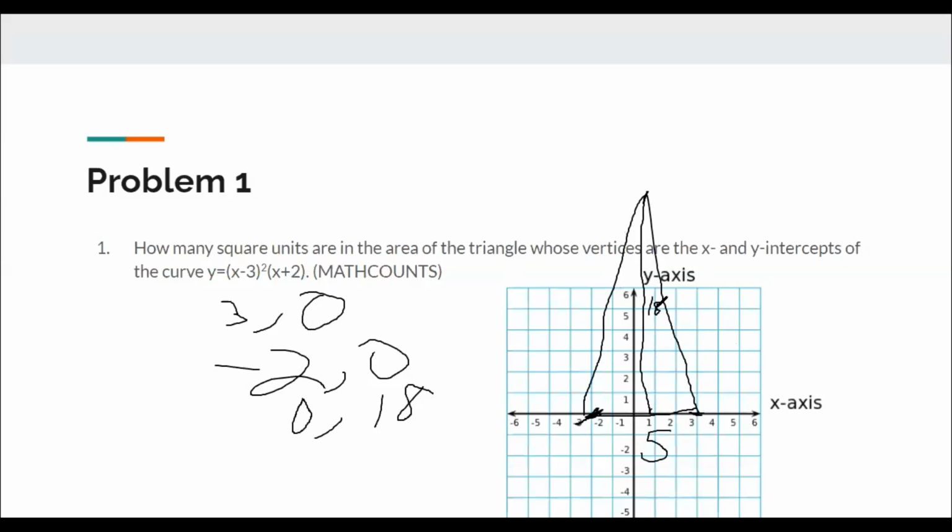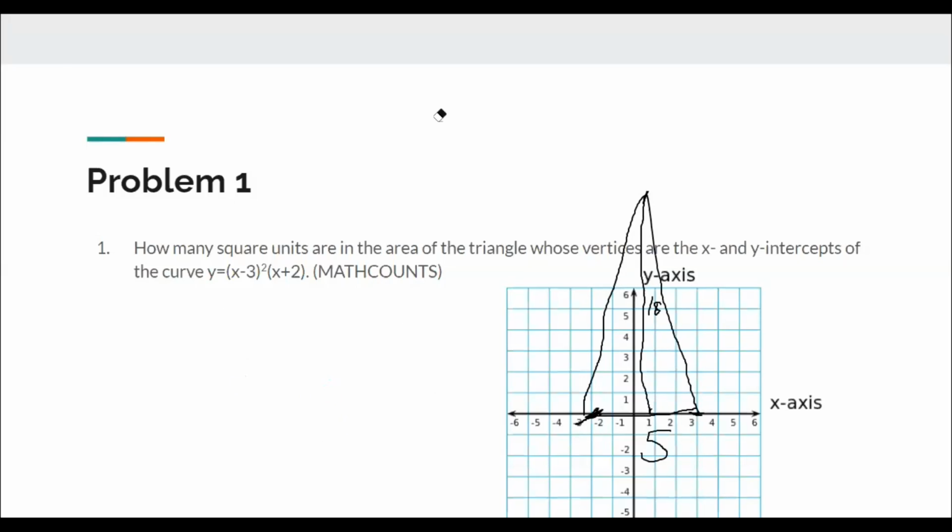So I know this is not a geometry class, but the area of a triangle is the base times the height divided by 2, and that's going to be 45, because 5 times 18 divided by 2 is 45. So your answer is 45.